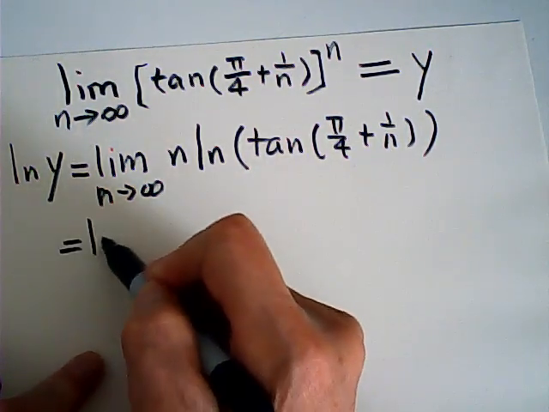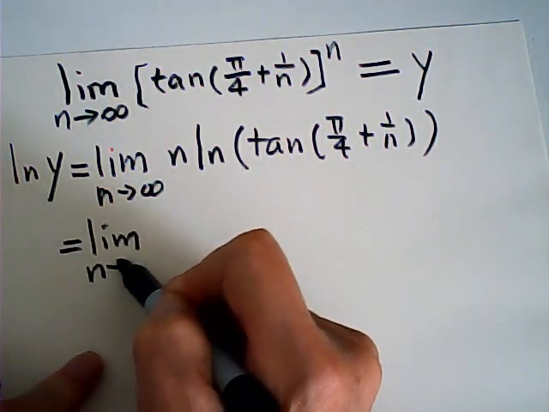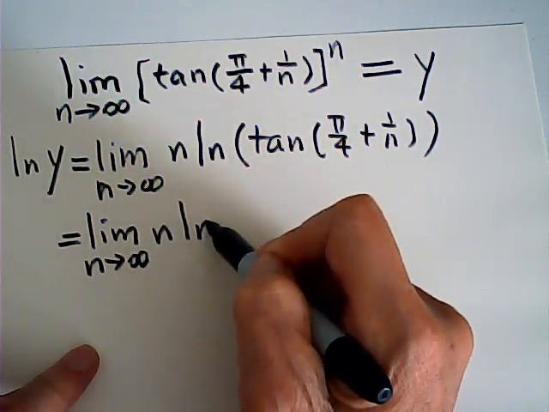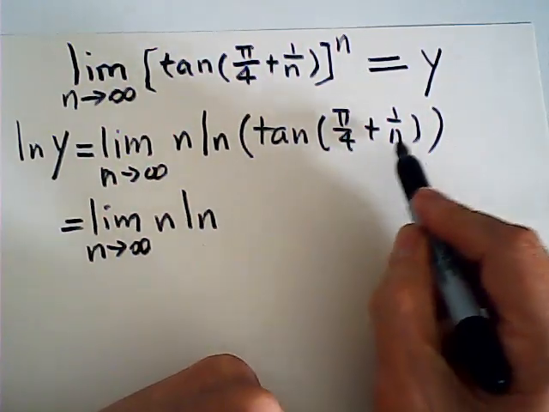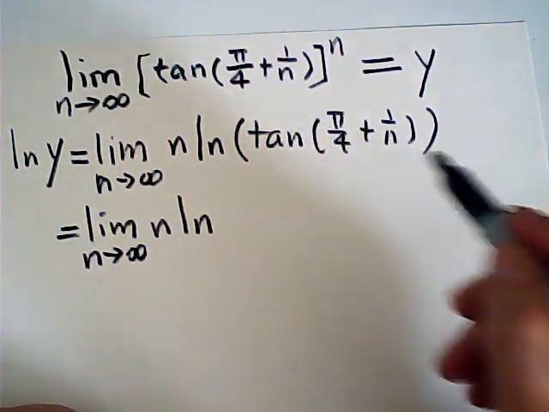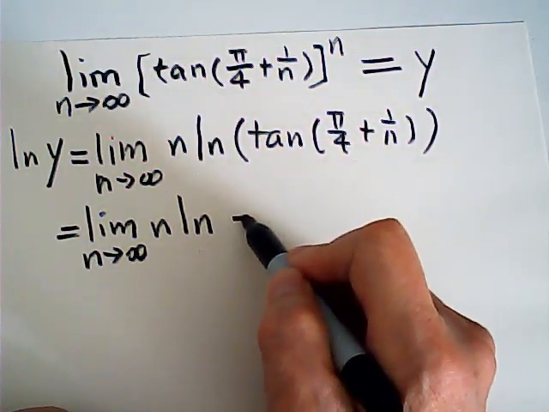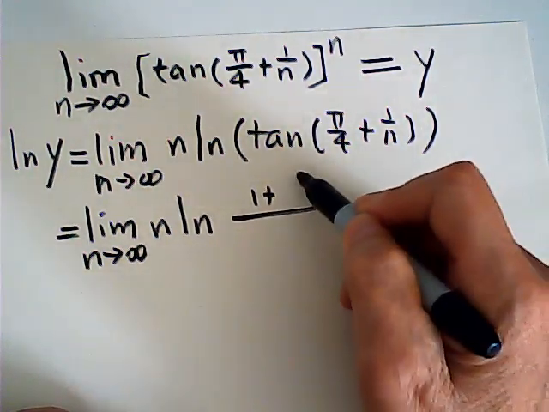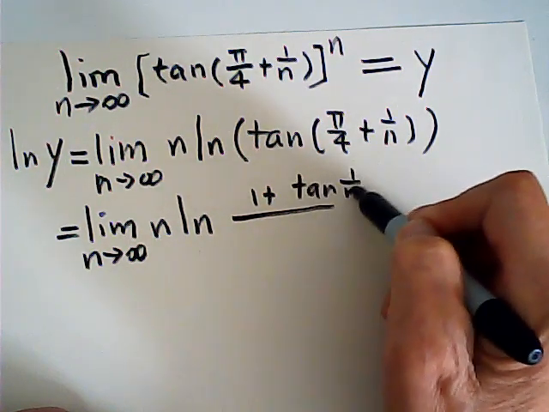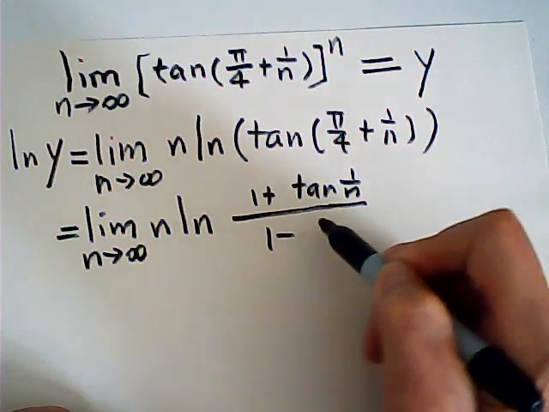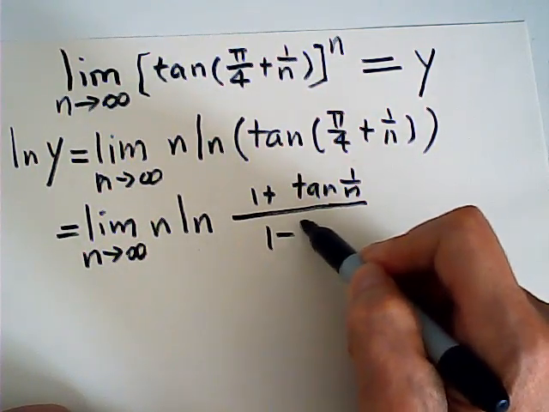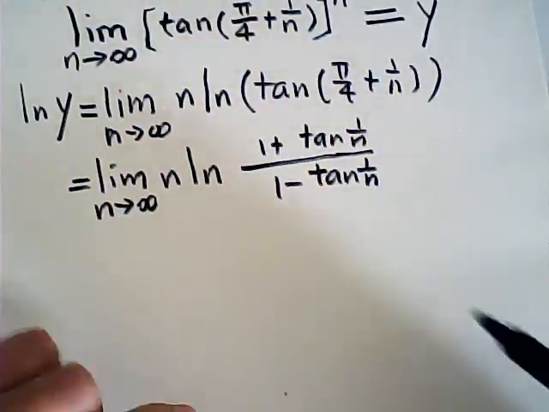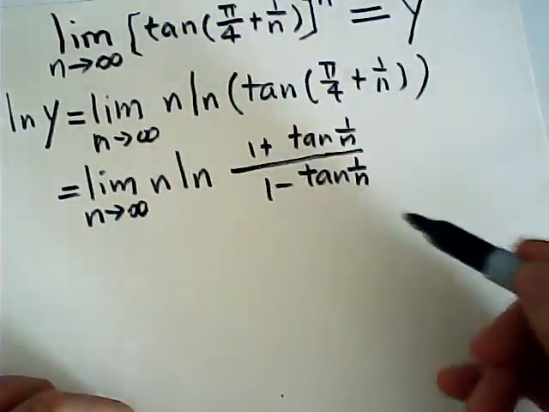And this is equal to the limit as n approaches infinity of log, now we can use the formula for a tangent, of 1 plus tangent 1 over n, over 1 minus tangent 1 over n.